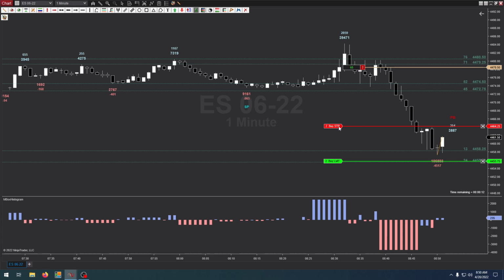Yeah, I'm going to get taken out here. Yeah, I should have left my target here. And that's confirming a swing high right here. Just did.